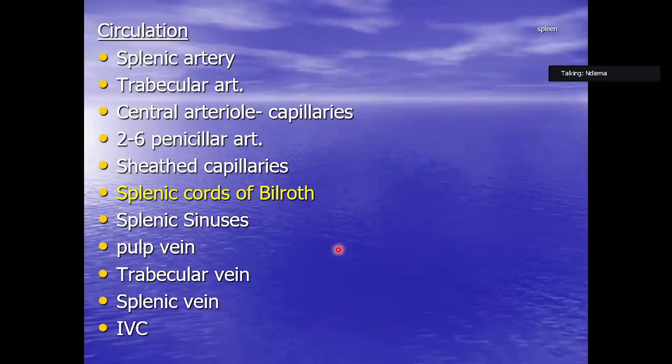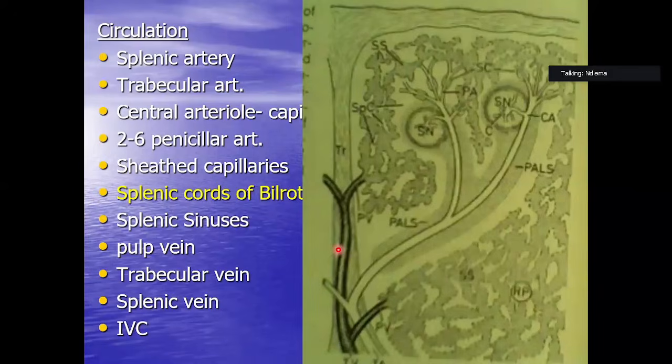So just to recap, because it's important, for open circulation, blood percolates through the splenic cords of Billroth, where maximum filtration takes place. For closed circulation, blood bypasses the splenic cords of Billroth and continues directly into the splenic sinuses.